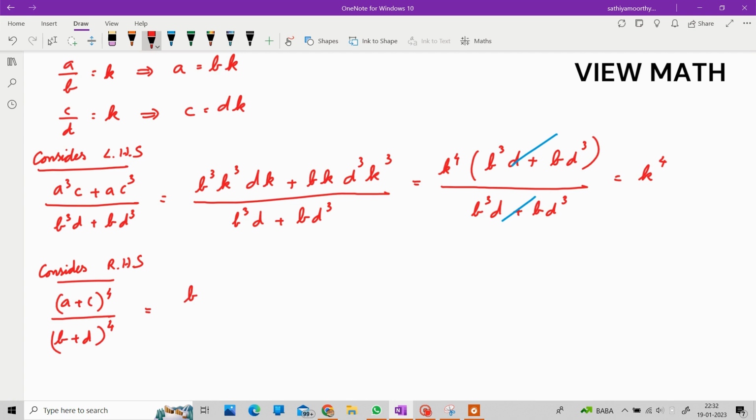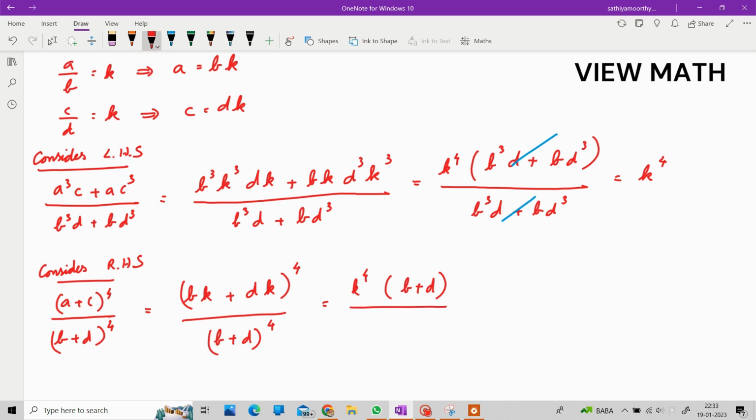A is BK and C is DK, the whole power 4, divided by (B plus D) the whole power 4. In the numerator I can see K is common, I am taking it outside. If I take it outside the bracket, it comes with the power 4. So K power 4 times (B plus D) divided by (B plus D) the whole power 4, divided by (B plus D) the whole power 4.